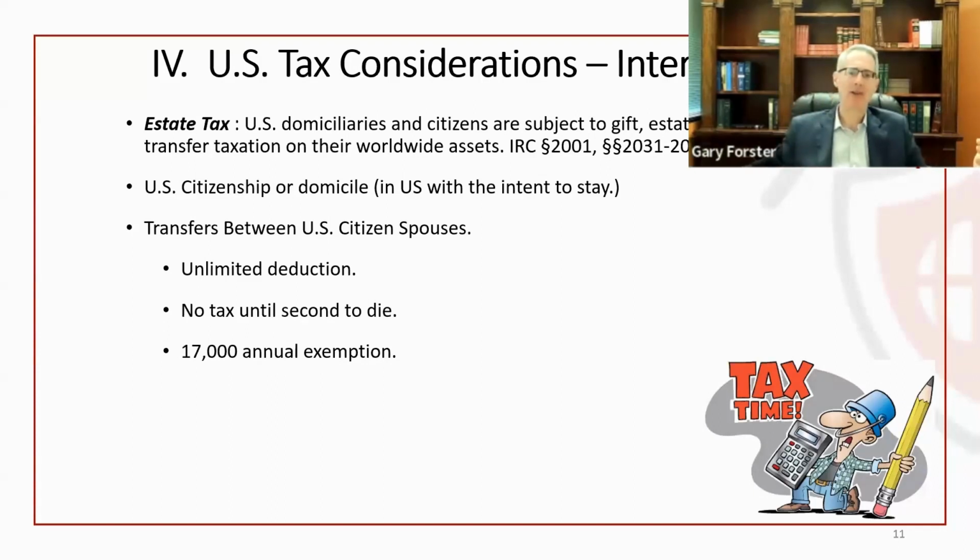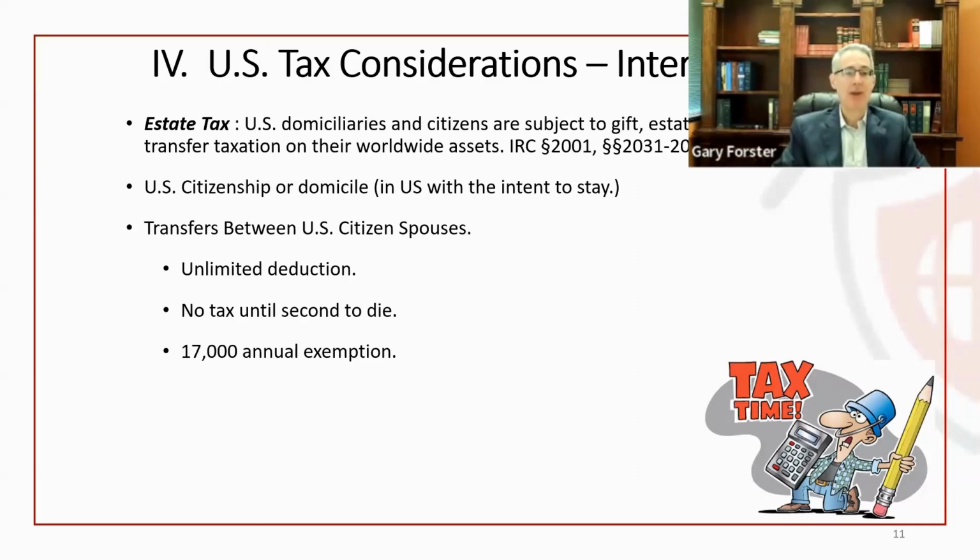The idea on this one is you have to be very careful. It's a totally different determination. It has to do with arriving here and intending to stay in the US indefinitely. Once you arrive and you intend to stay indefinitely, you're an estate tax resident. What does that mean?